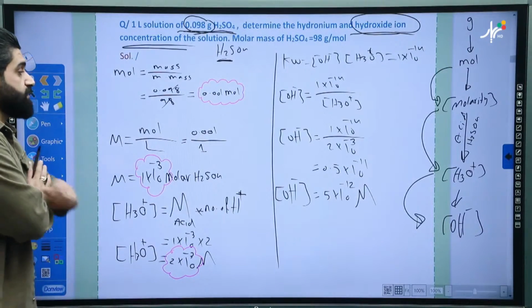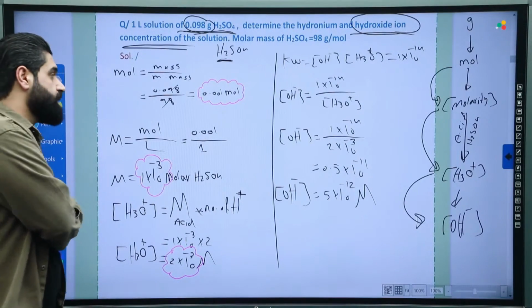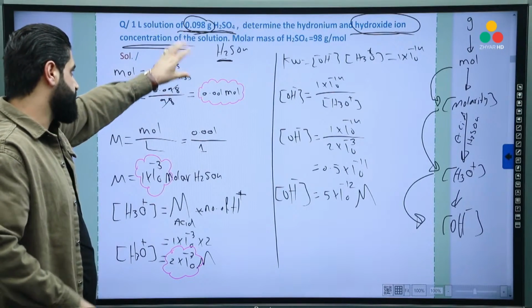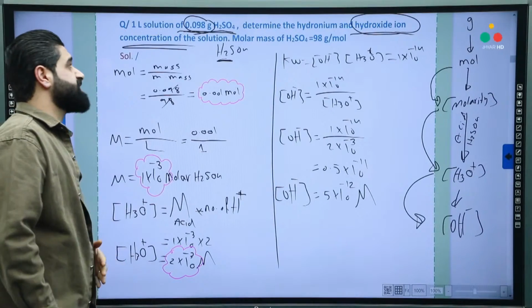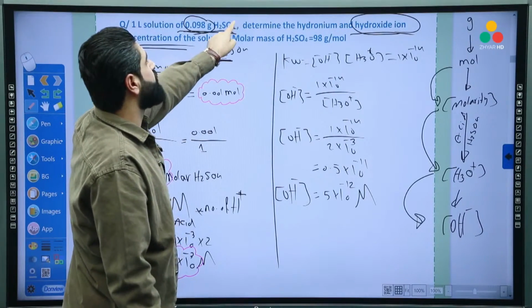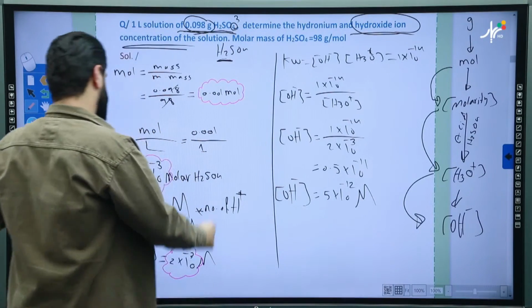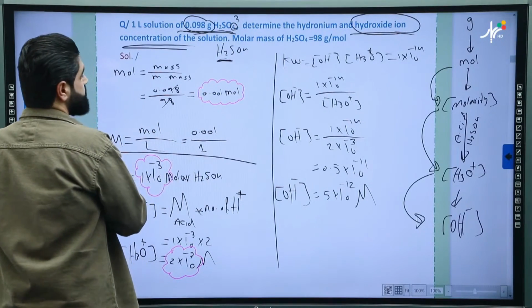Very easy. So in this way, you can solve any question. Just be careful about the strength of the electrolyte, because by just changing it we must stop here. We can't go farther.